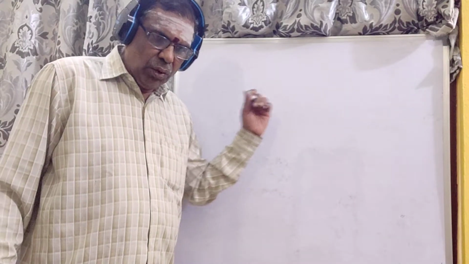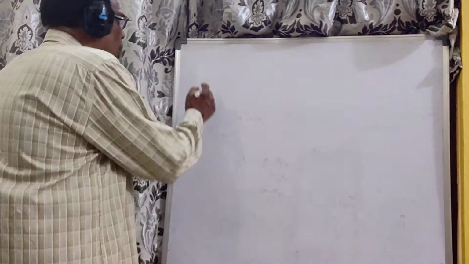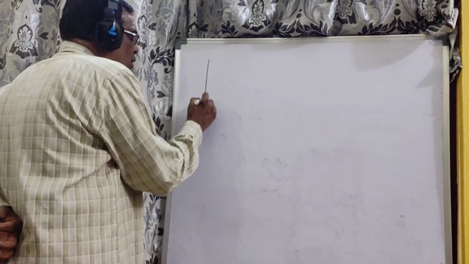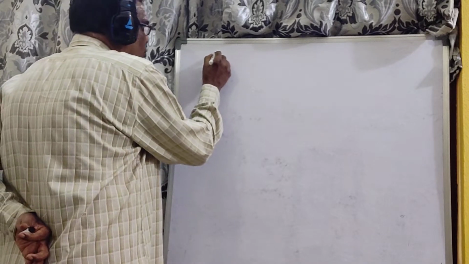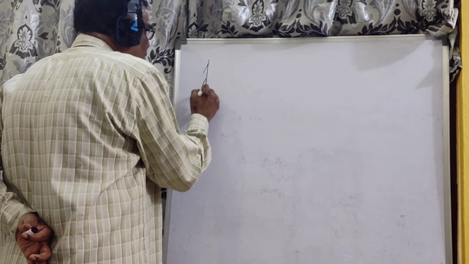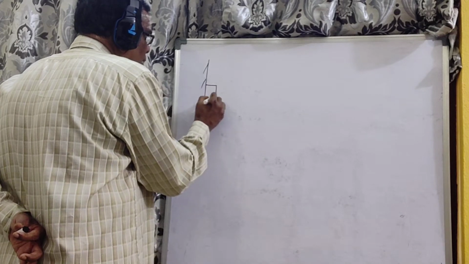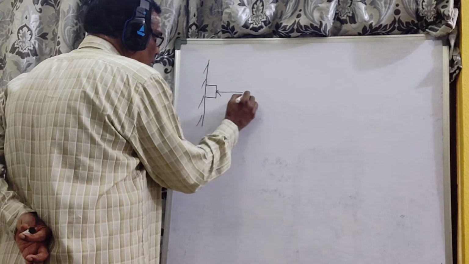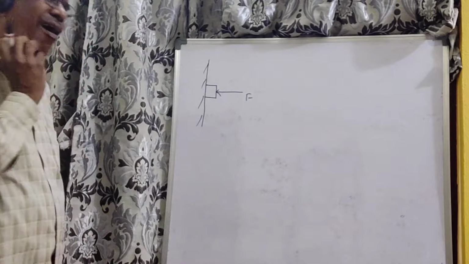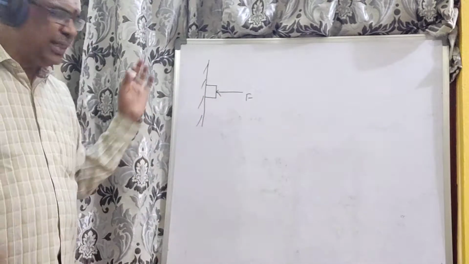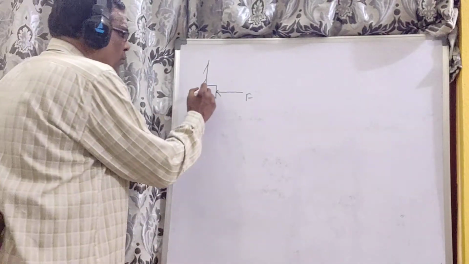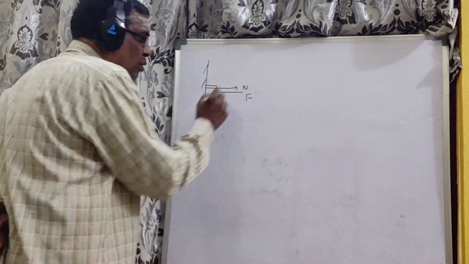Now, horizontal cases we saw. Without going into the complications, I will go to a vertical surface. If it is fixed, I am pressing it with F. Therefore, this is the normal force.